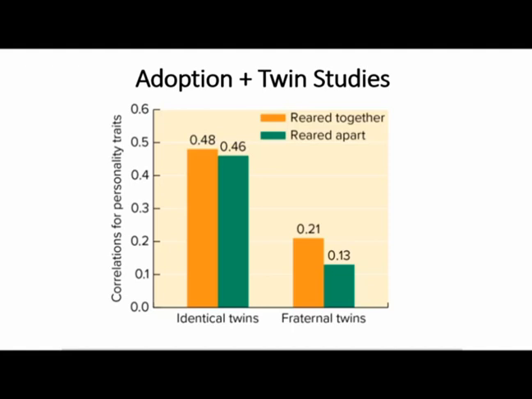So that gives us some evidence for an environmental component here. We can take all of this information together and conclude that personality has at least some genetic component and at least some environmental component.